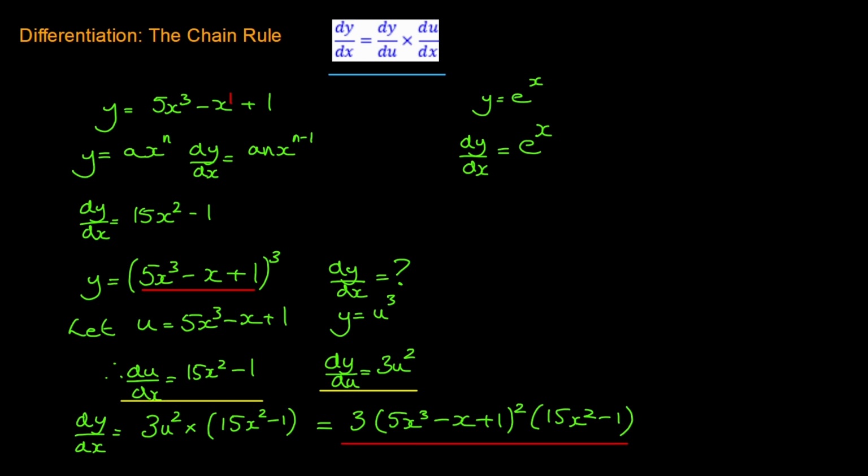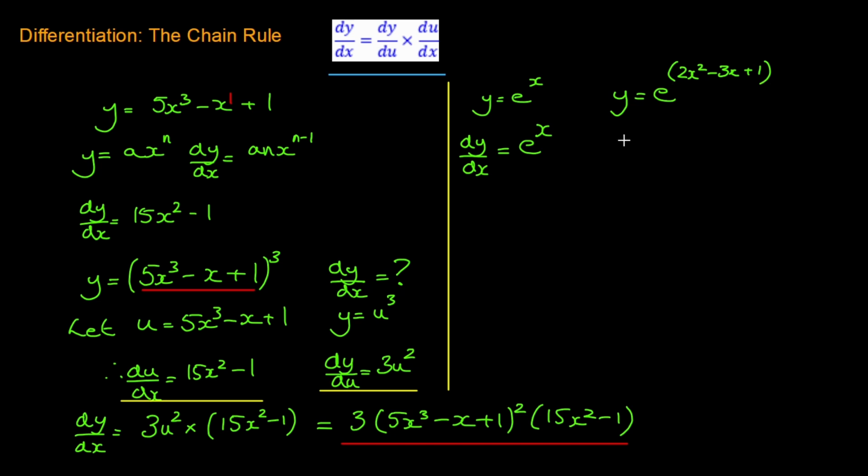And that, I'm sure you agree, is a lot simpler than multiplying this out and then differentiating the terms separately. But what about our second example here? Well, let's make this more difficult. So we've got e now raised to the power 2x squared minus 3x plus 1. Yes, looks considerably more complicated.